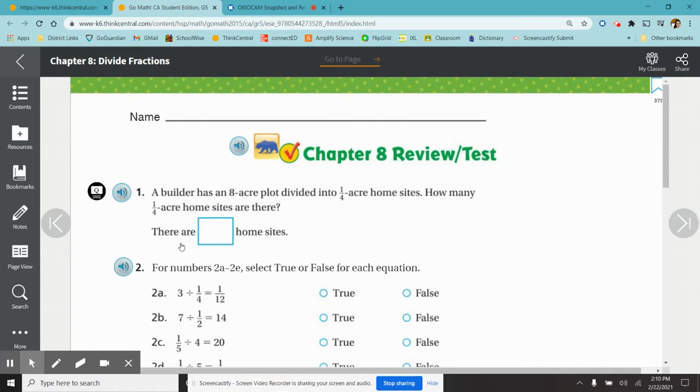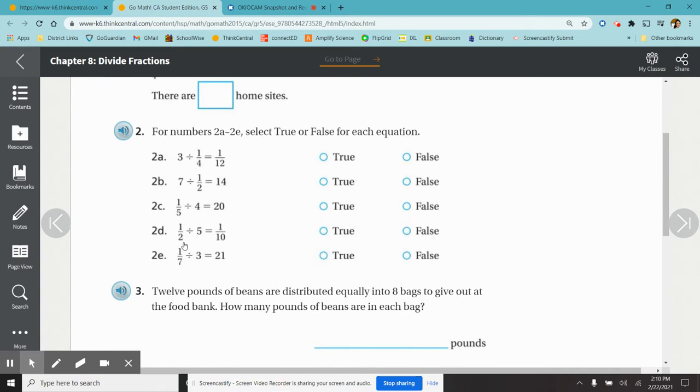Number 2, select true or false. So for each of these, we can solve them out, and we also can remember that rule from Monday and Tuesday's lessons this week, that when the divisor is a fraction, it's going to be turned into multiplying whole numbers.